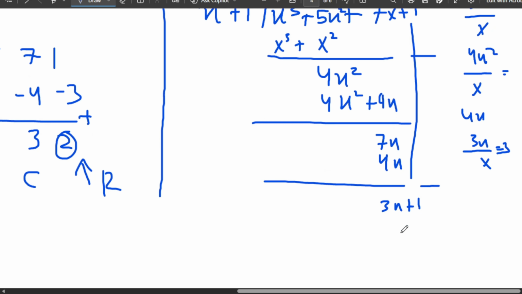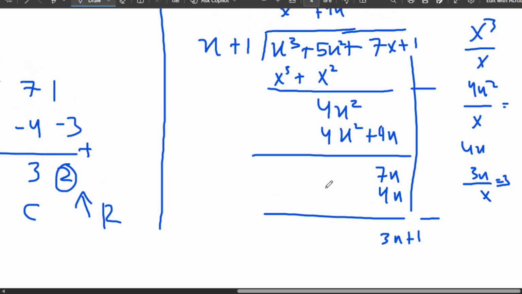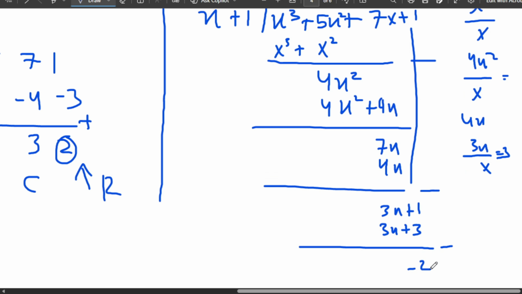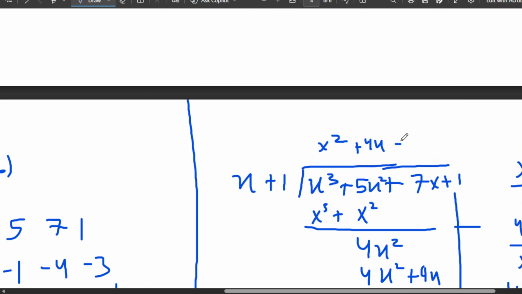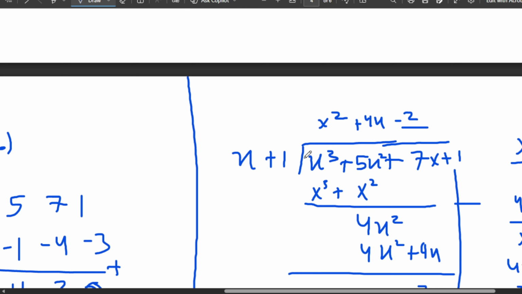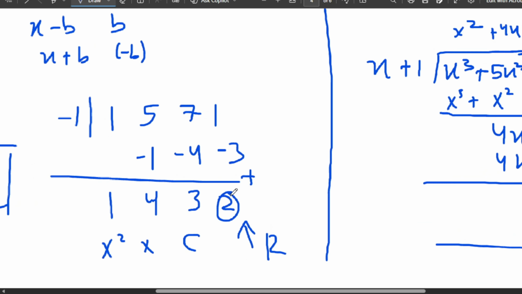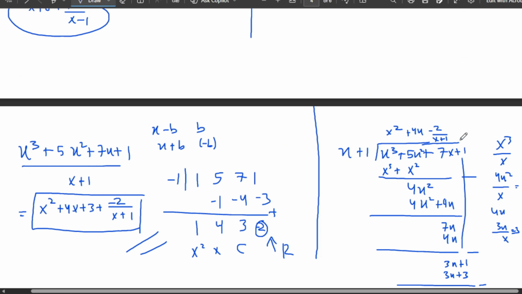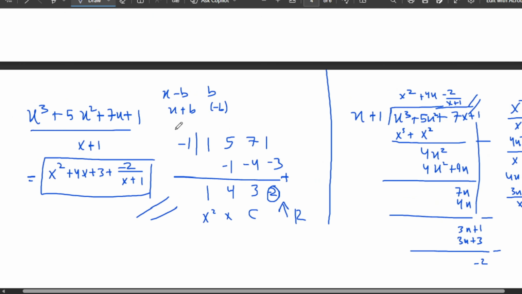So our result would be 3x plus 3, we subtract them, we have negative 2. So again, we have negative 2 over x plus 1. Oh wait, 1 minus 3 would be negative 2. So yeah, the result is the same, which means this method is the fastest.